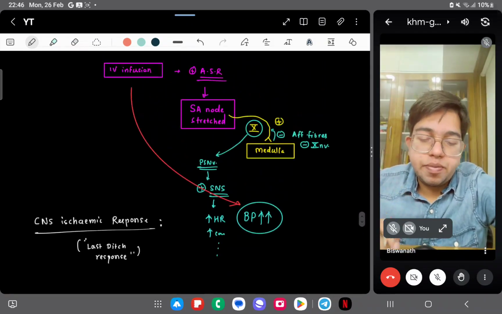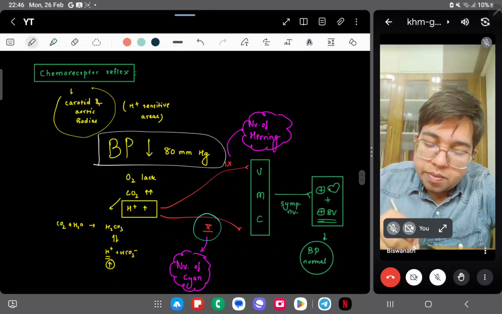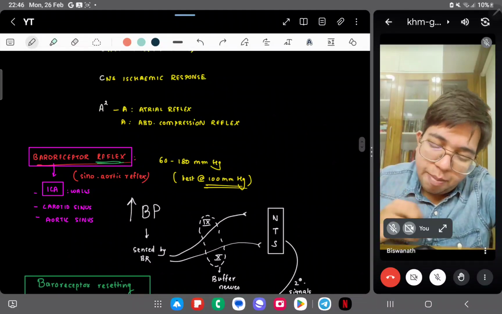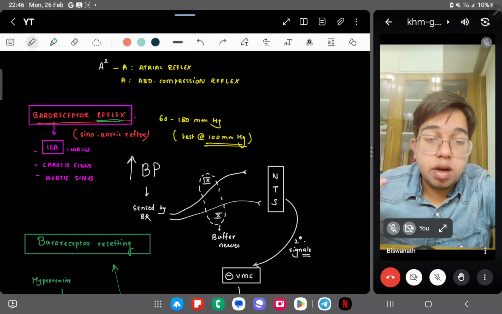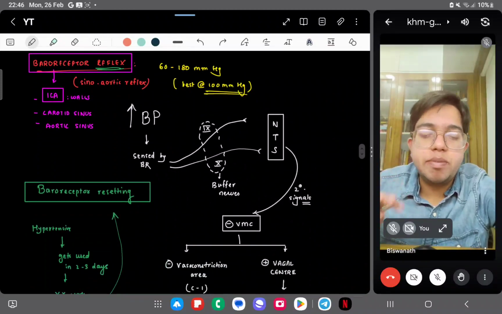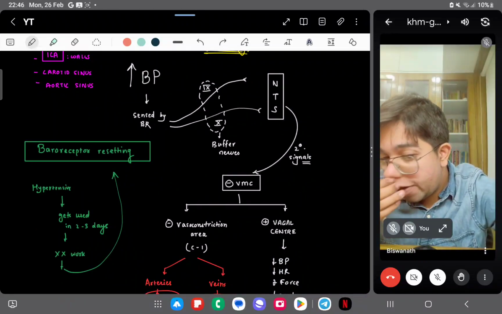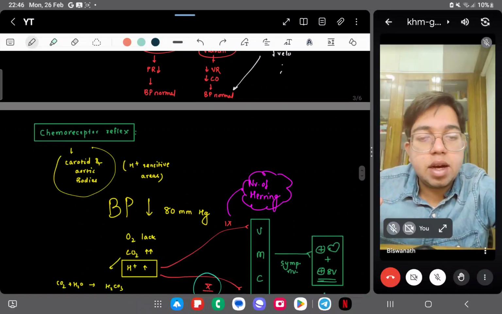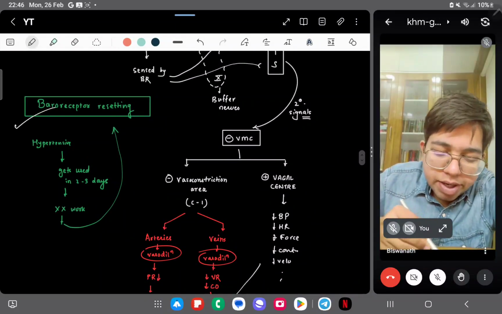Why is it called last ditch? I'm telling you that. The baroreceptor reflex works best at around 100. If BP falls below 100, it will have a short-term, predominant action. Baroreceptor is more common and predominant, even more powerful than the chemoreceptor. The disadvantage of this baroreceptor reflex is baroreceptor resetting.